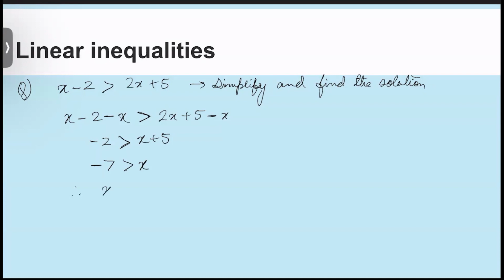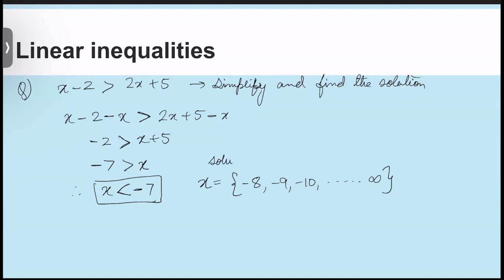Therefore x is less than minus 7. Okay, so this is your simplified linear inequality, and your solution set again over here will start from minus 8, because we are saying that x has to be less than minus 7. So minus 9, minus 10, and then all the way up to infinity. So this is your solution for the inequality.